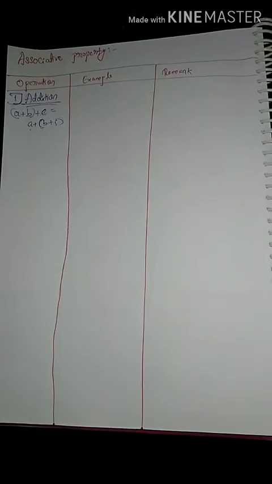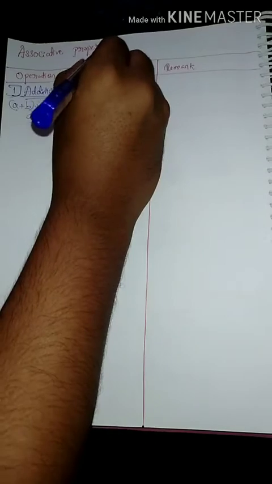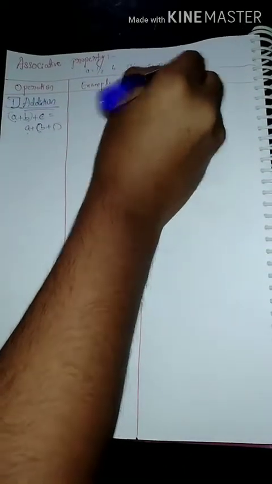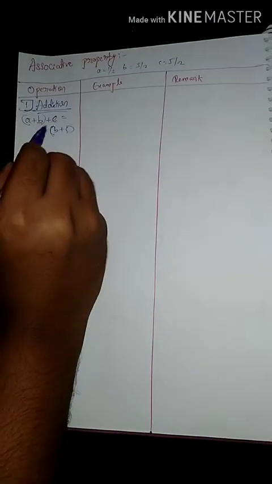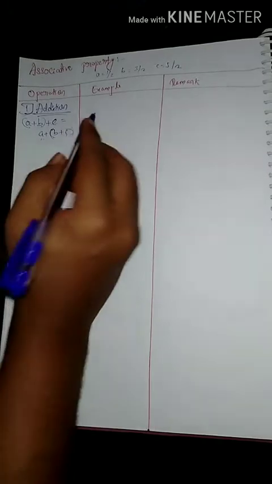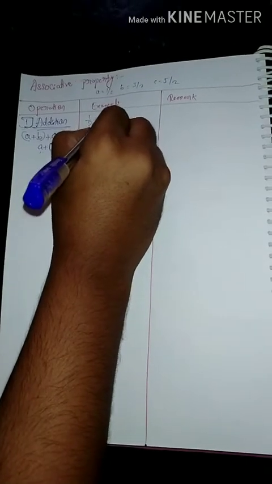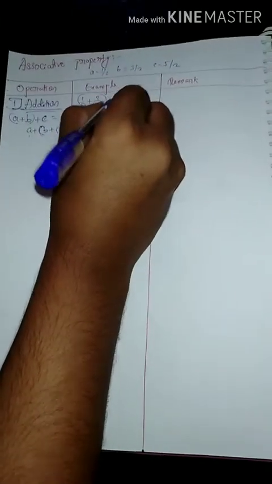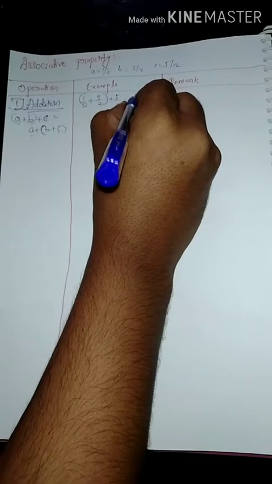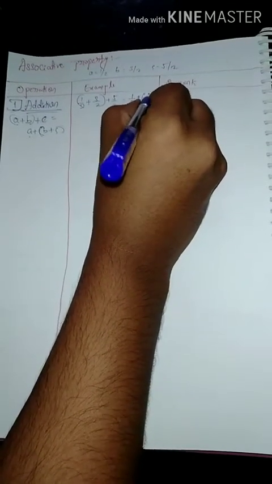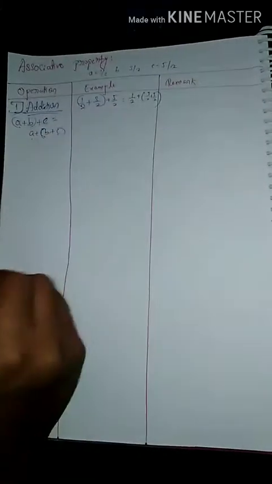Let us take three rational numbers: a is equal to 1 by 2, b is equal to 3 by 2 and c is equal to 5 by 2. So our condition is (a + b) + c is equal to a + (b + c). Put the a, b and c values in this condition: (1 by 2 plus 3 by 2) plus 5 by 2 is equal to 1 by 2 plus (3 by 2 plus 5 by 2).